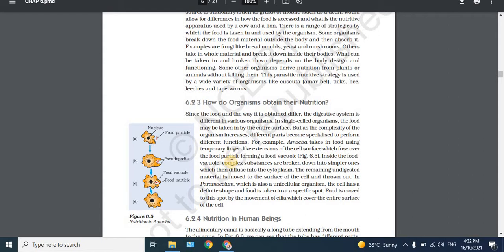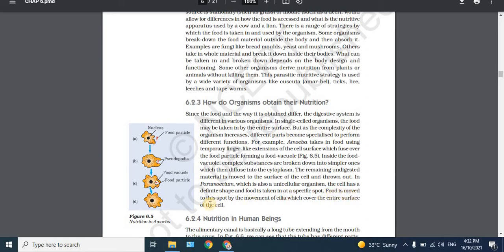Inside the food vacuole, complex substances are broken down into simpler ones which then diffuse into the cytoplasm. The remaining undigested material is moved to the surface of the cell and thrown out. In Paramecium, which is also a unicellular organism, the cell has a definite shape and food is taken in at a specific spot.